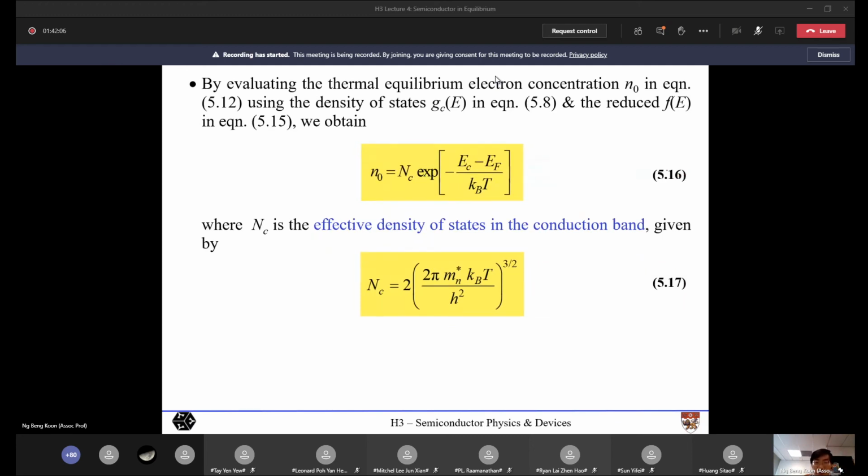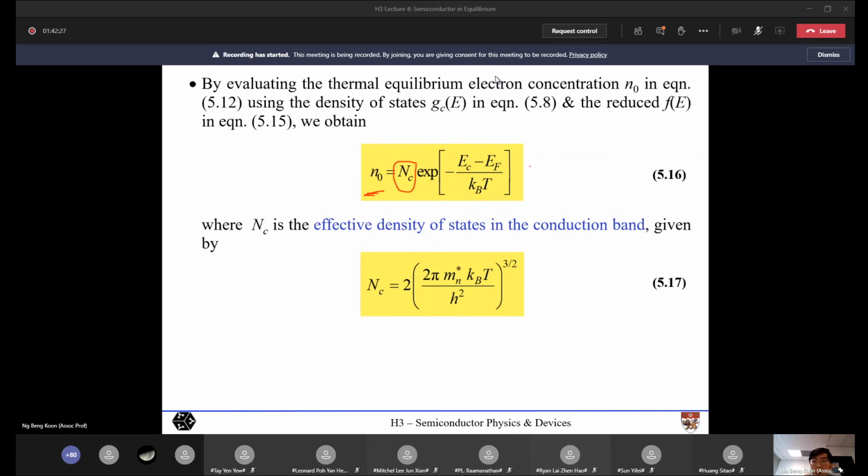If you do solve it, which again is not expected of you, you find that the total number of electrons in the conduction band per unit volume, the N naught, is given by this solution here: NC multiplied by exponential of minus (EC minus EF) over KBT.